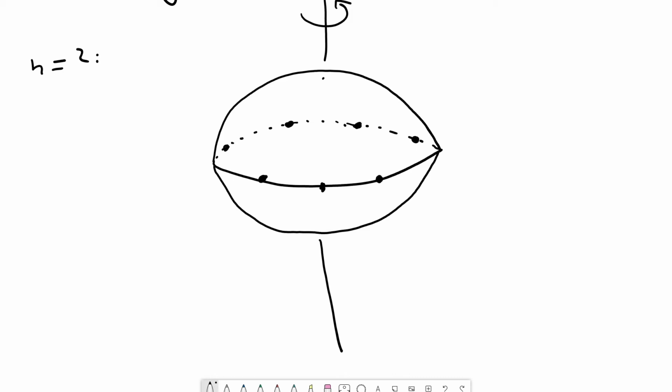So if this is the North Pole and this is the South Pole, then this arc here from here to here is then mapped to this arc here, and this one to this arc, then to this arc, then to this arc here, to this arc, and here to this one.